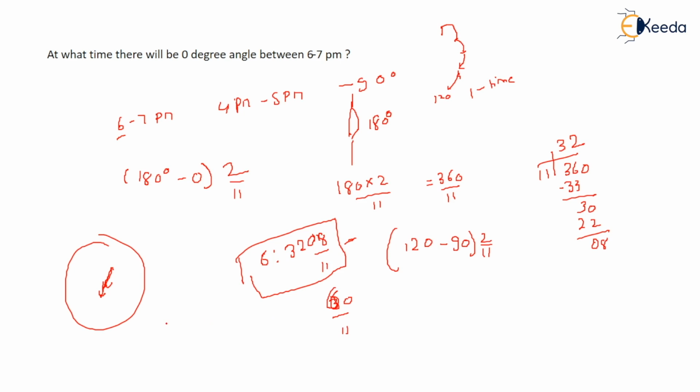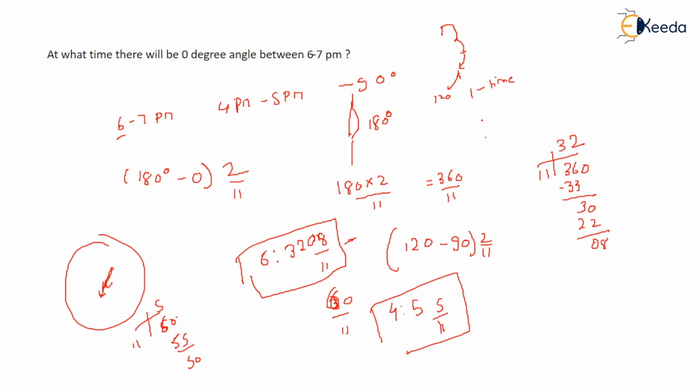60 by 11, after solving, what does it come out to be? 60 by 11 means 5 with 5 remaining. So you can write it as, at what time it is 90 degrees they ask you. So after 4, this is 4 hours and 5 minutes and 5 by 11 seconds, means after 4 p.m., 5 minutes is the time when they will be making 90 degrees.